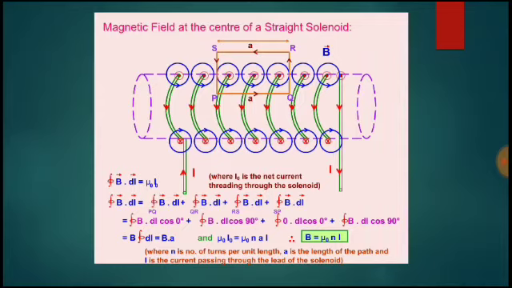So we are taking four sides: PQ, QR, RS, SP. On those sides, we are calculating the magnetic field based on Ampere's circuit law.